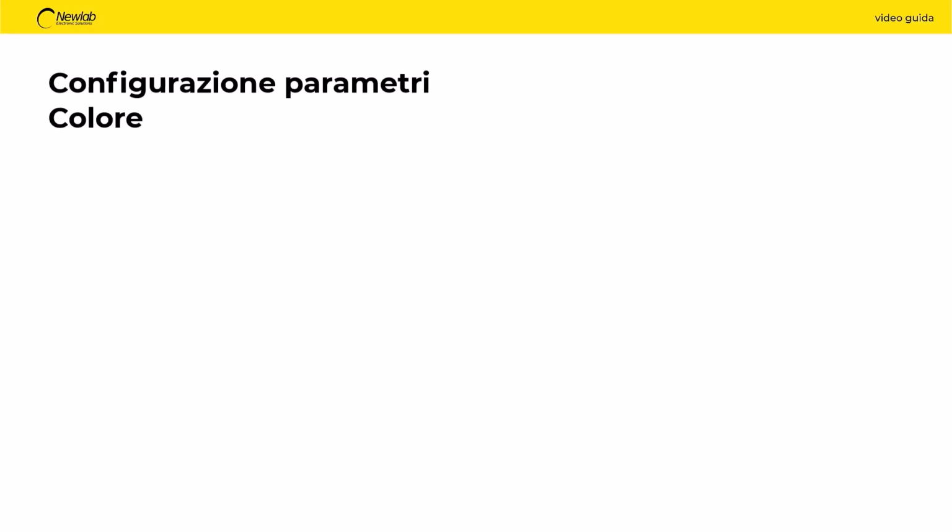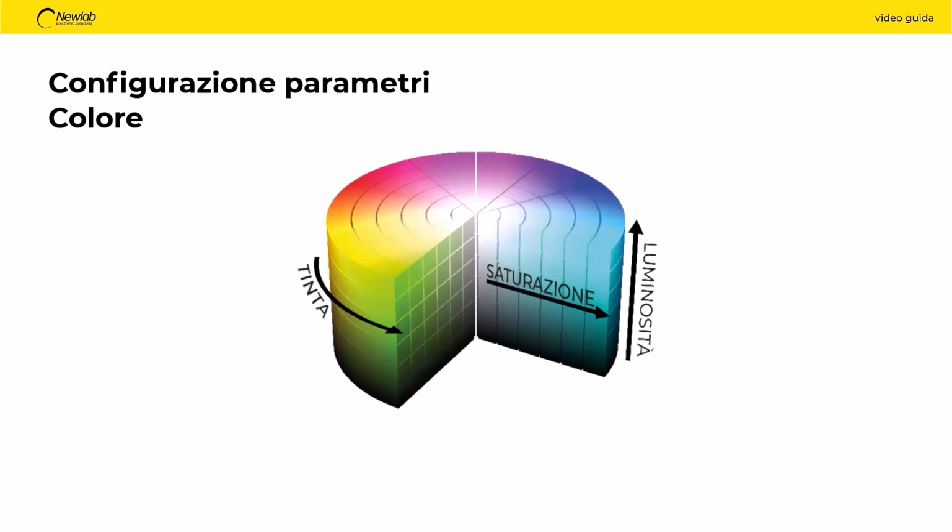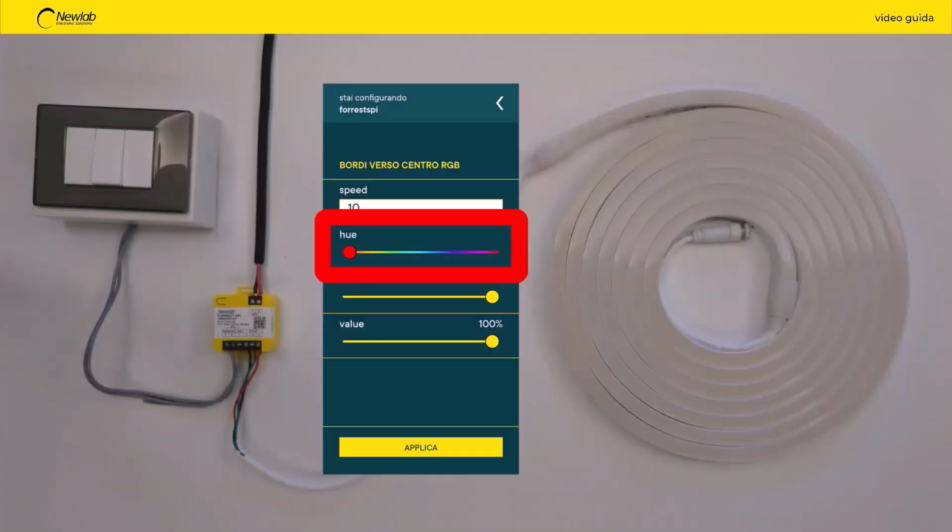Parameter configuration, color. Color profiles are generally controlled via three parameters: hue, saturation, and value. Hue represents the base color used.